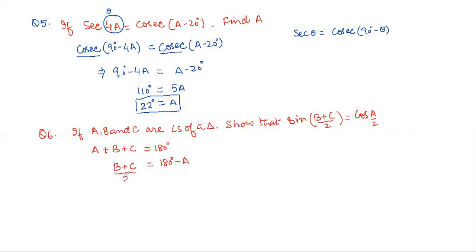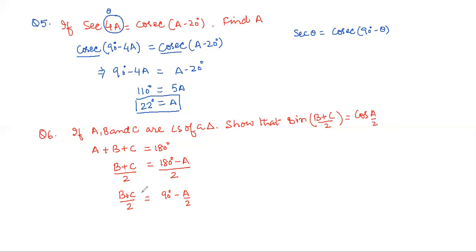So divide both the sides by 2. So children, this will become B plus C divided by 2 is equal to 90 degree minus A by 2.